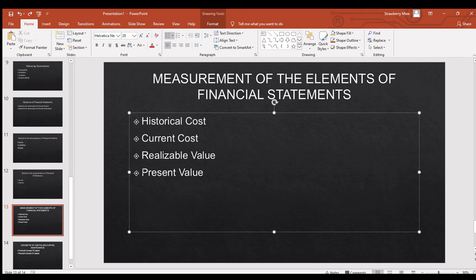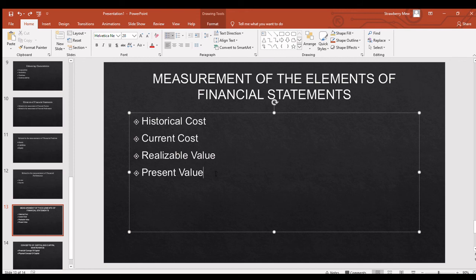Next is the present value. Okay? Yung present value naman, ito yung discounted amounts ng income na ma-generate ng isang asset. Right? So, in our example, yung equipment na binili natin 5 years ago will generate income of 1,000 per year, right?